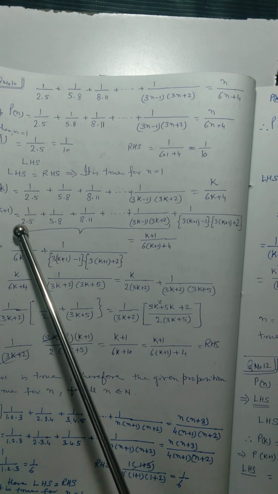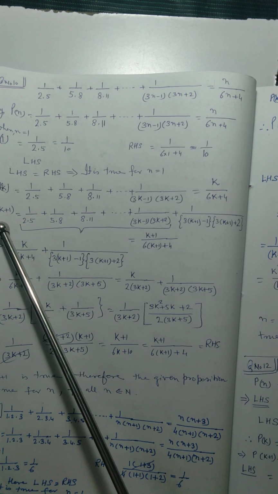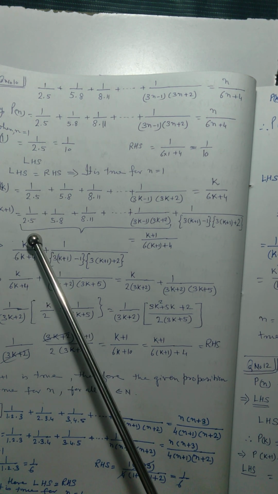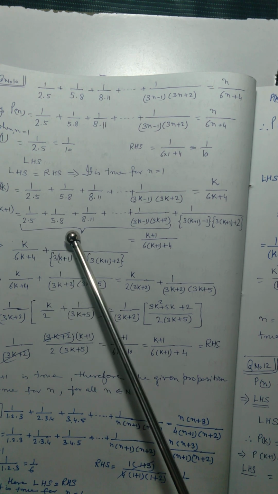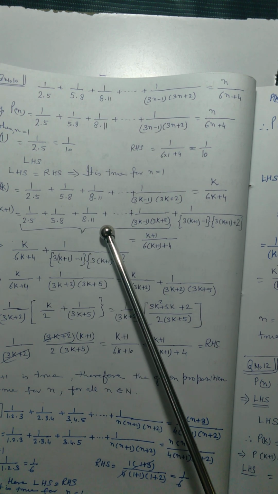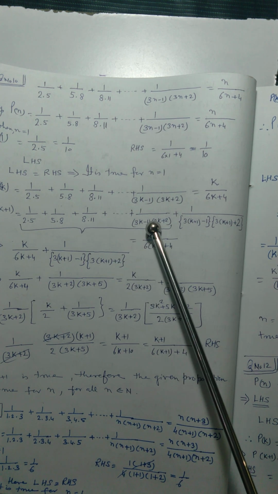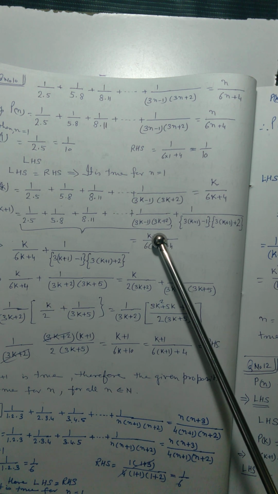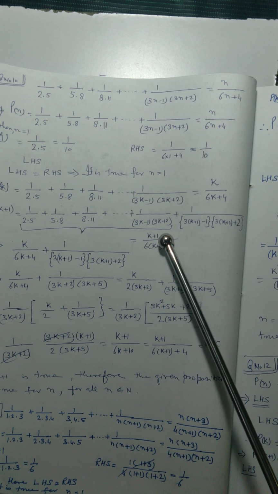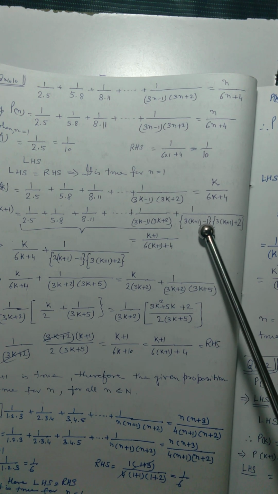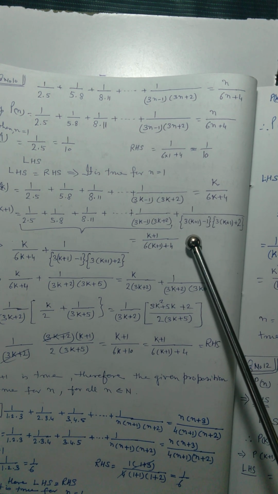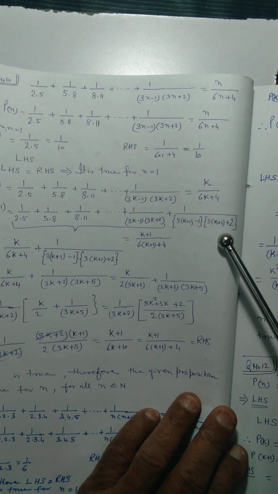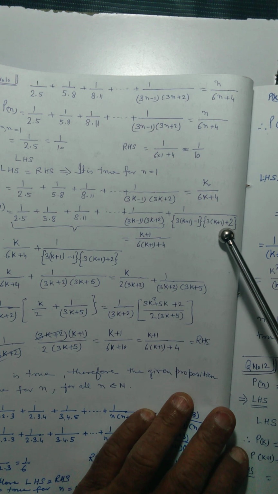Now if Pk is true, let us prove that Pk plus 1 is also true, that is 1 upon 2 into 5 plus 1 upon 5 into 8 plus 1 upon 8 into 11 plus dash dash plus 1 upon (3k minus 1) (3k plus 2) plus the new term here, that is 1 upon (3k plus 1 minus 1) (3k plus 1 plus 2).